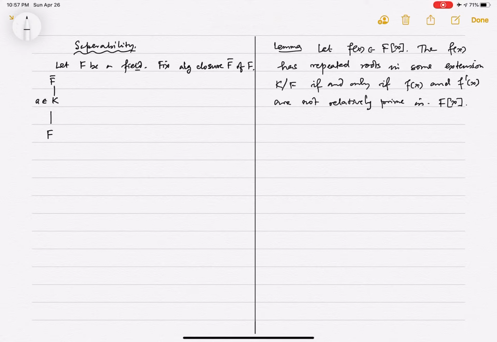So let K be an algebraic extension, and I'll always assume that it's inside this fixed algebraic closure, and you take an element A. A conjugate of A is a root of the minimal polynomial of A. So it's a brother of A. So let P(x) be the minimal polynomial.